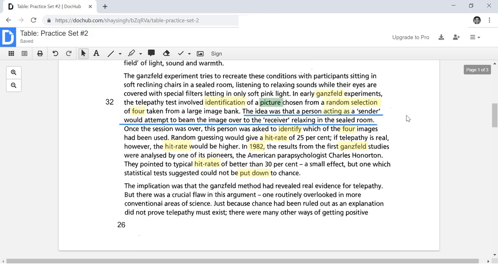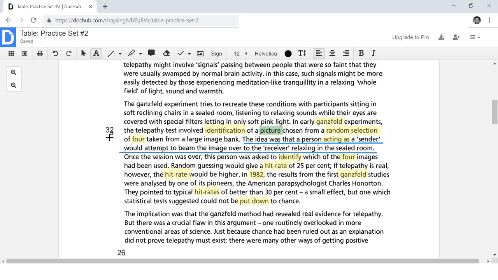So I'm going to be looking for the word flaw or a synonym for the word flaw. I'm expecting to find the answer to question number 33 down here, because remember, we found the answer to number 32 over here, and then the answer to number 31 was actually over here.